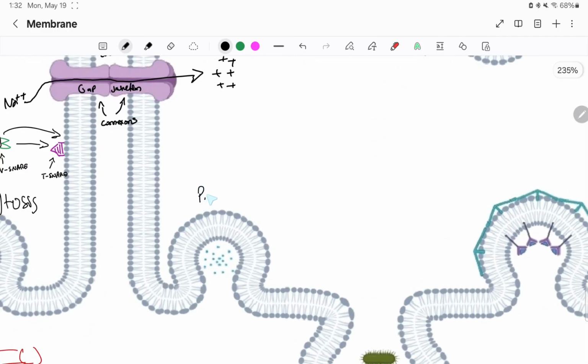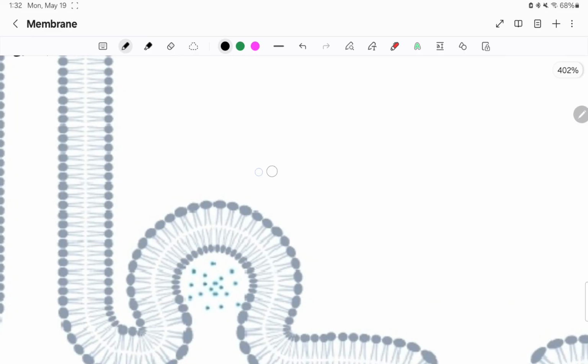The first one is called pinocytosis, okay? And this is done by specific cells, okay? A specific cell, an immune cell called a dendritic cell, actually goes through the process of macropinocytosis. So pino means to drink, cytosis means cell, right?